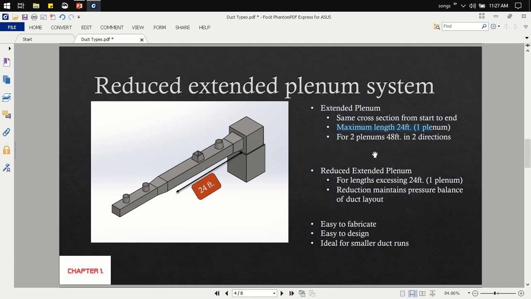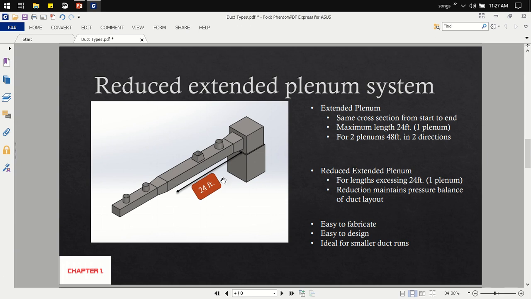Next are the reduced extended plenum systems. The feature of this system is that it can be taken more than 24 feet. Extended plenum systems are limited to 24 feet and must not exceed that, but in reduced extended plenum systems we can design the layout longer than 24 feet.